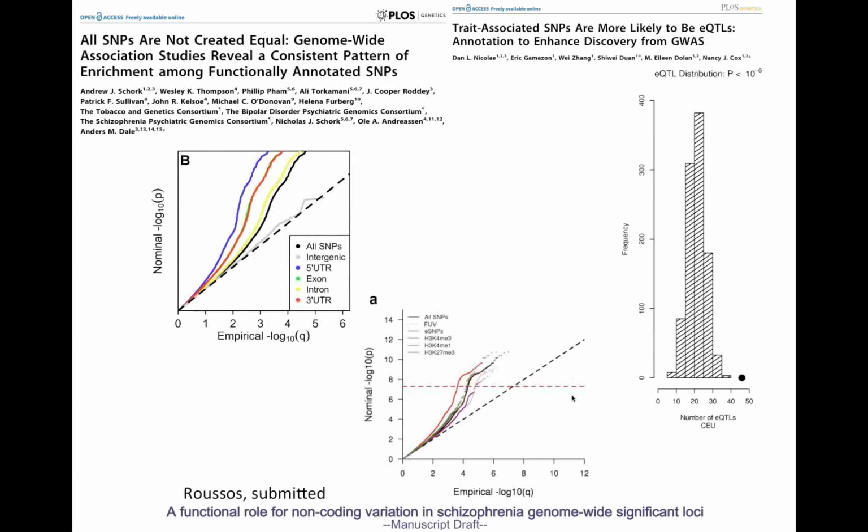This implies that there are regulatory elements typically in 5' UTRs in genes, and these are enriched for significant, meaning low p-value, signals of association in GWAS. And so the implication is that this kind of annotation brings with it a prior for SNPs being functional.